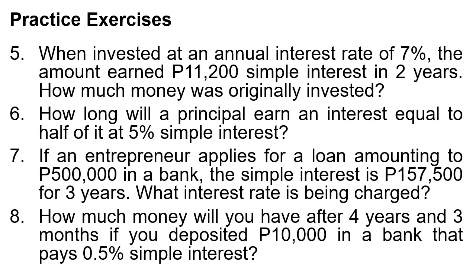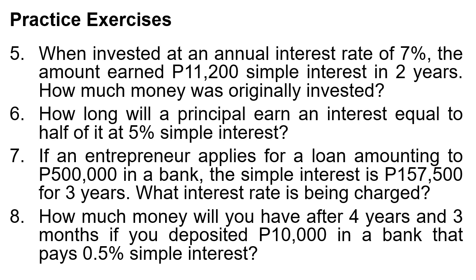Okay, for the following problems, I will not be giving you clues anymore, so it's up to you. Number 5, when invested at an annual interest rate of 7%, the amount earned is 11,200 pesos simple interest in 2 years. How much money was originally invested?